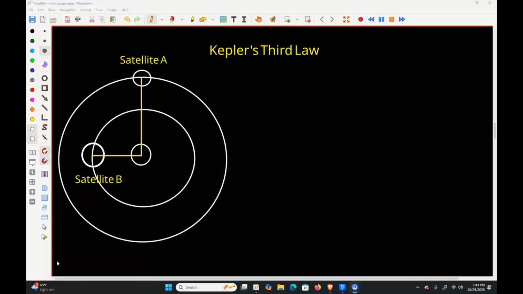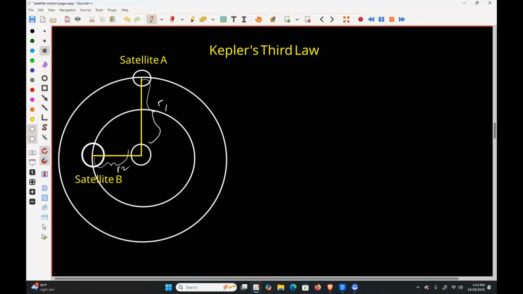Kepler's third law shows the relationship between the radius, so this is radius 1, radius 2, versus the period. Let's see if we can show this relationship.